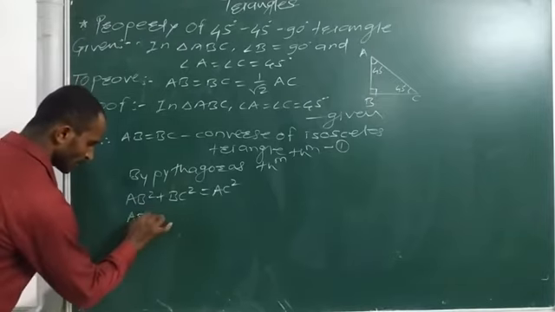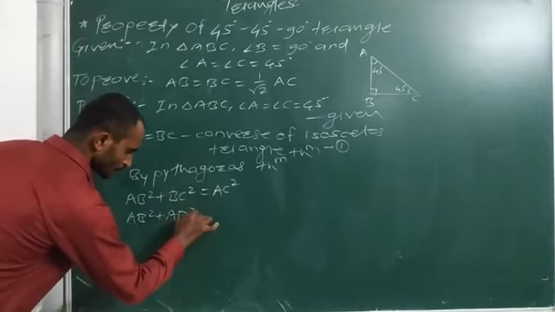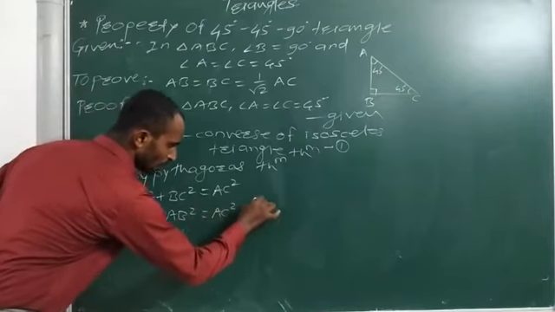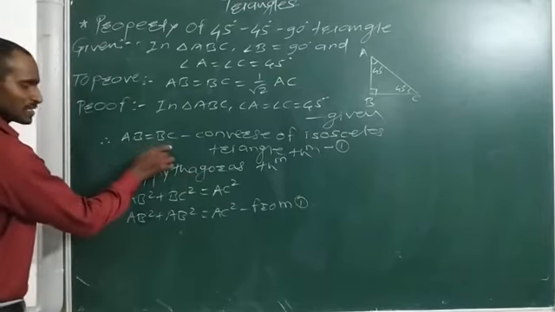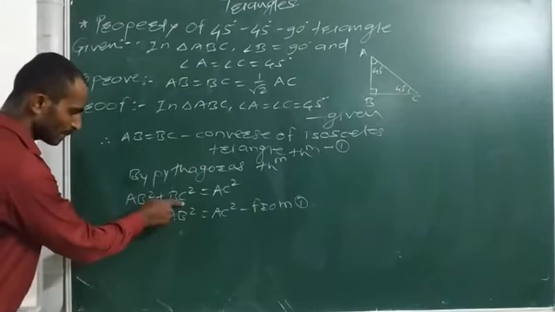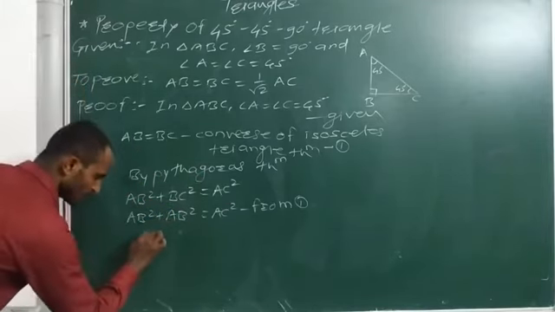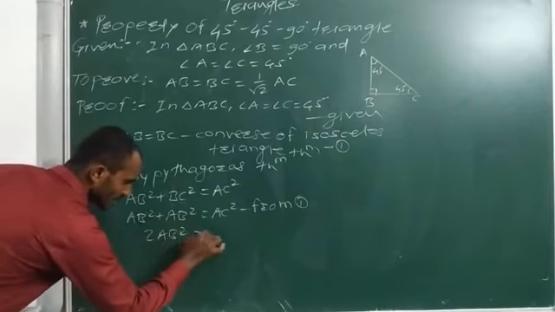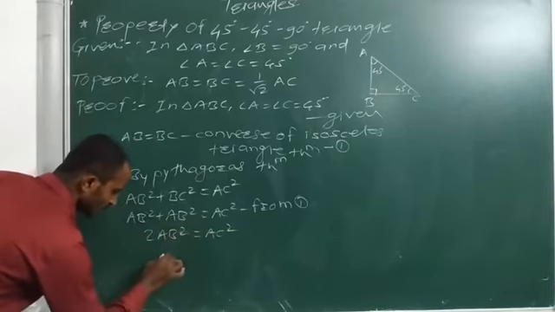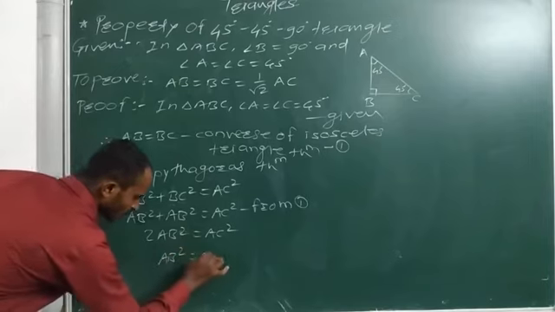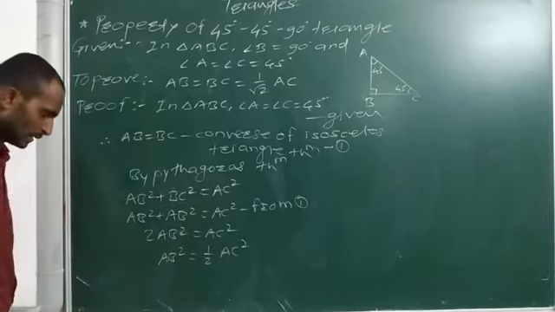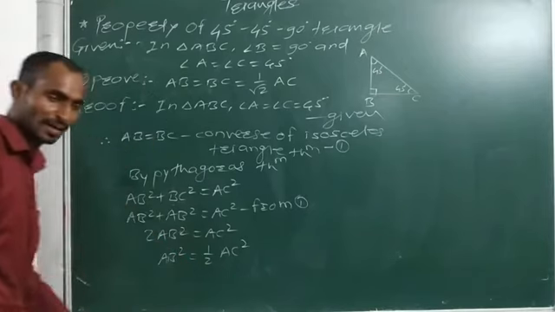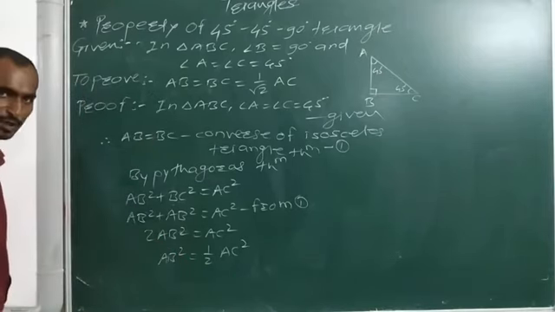That is AB square plus AB square equal to AC square from statement number 1. Because in the first statement BC and AB are equal, hence we can replace BC with AB. So that's why we get 2AB square is equal to AC square. It means we get AB square equal to 1 by 2 AC square, because by changing the side, 2 is going into the division of AC square.